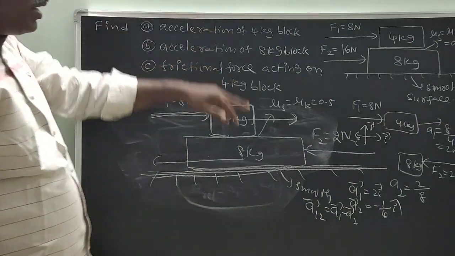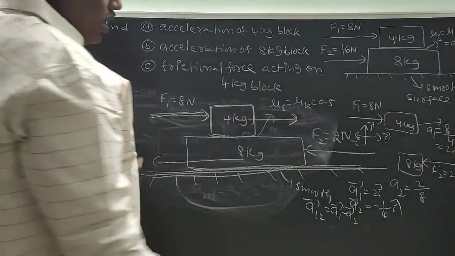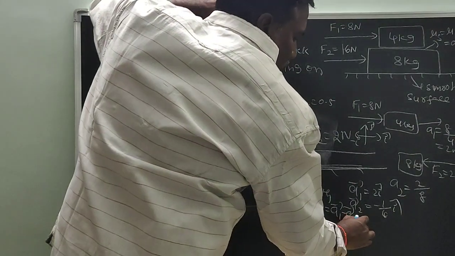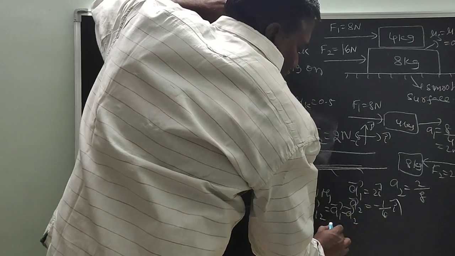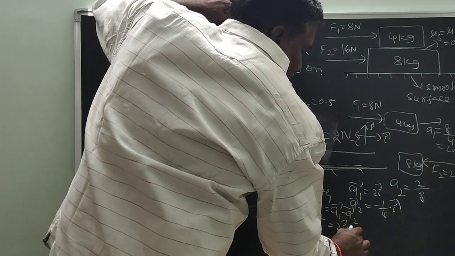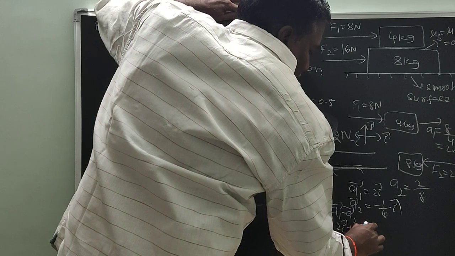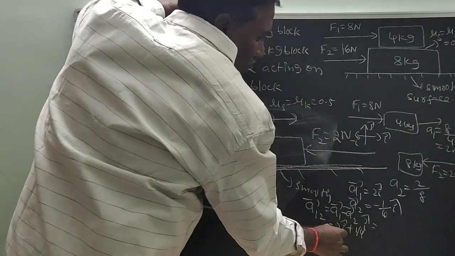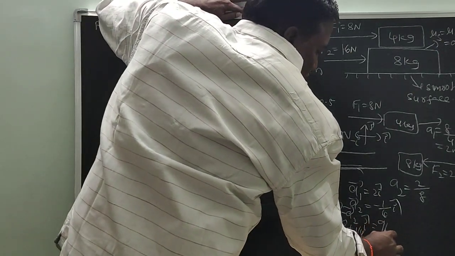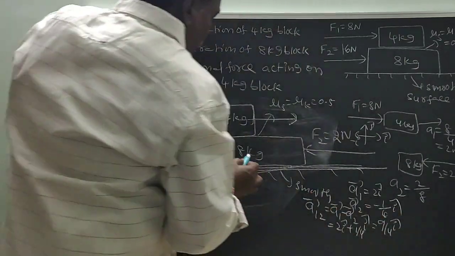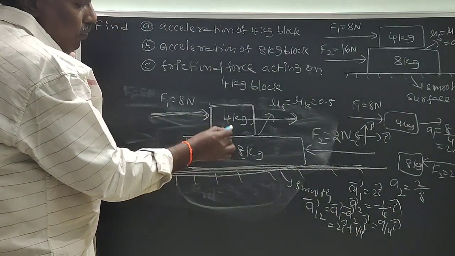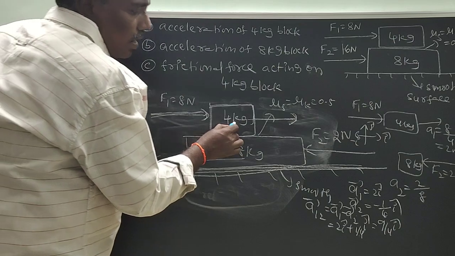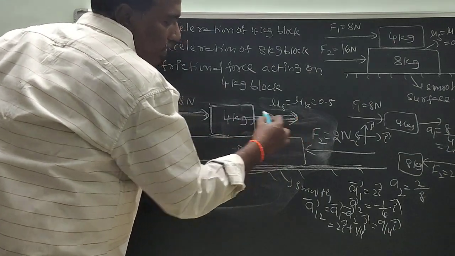What is A1 bar? 2 i cap, minus of minus, plus 1 by 4 i cap. So this is 9 by 4 i cap. With respect to the 8 kg block, the 4 kg block has acceleration 9 by 4 along the x-axis.